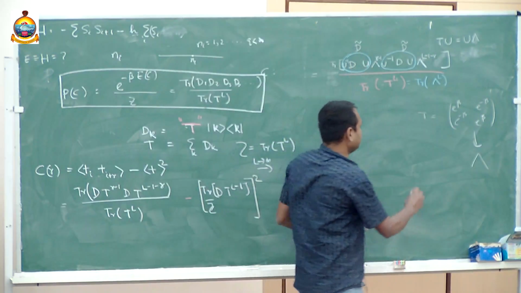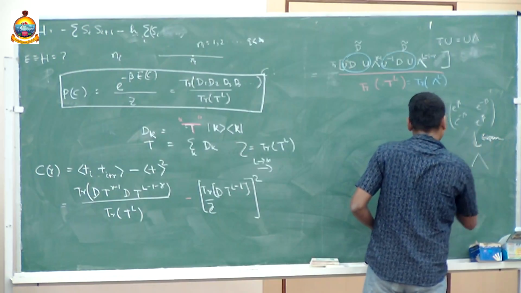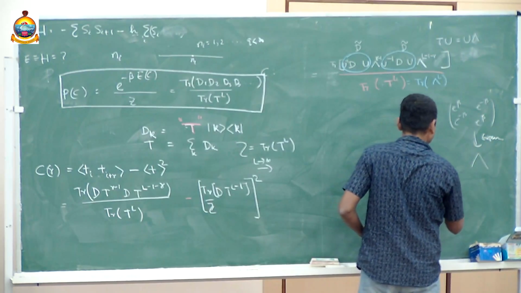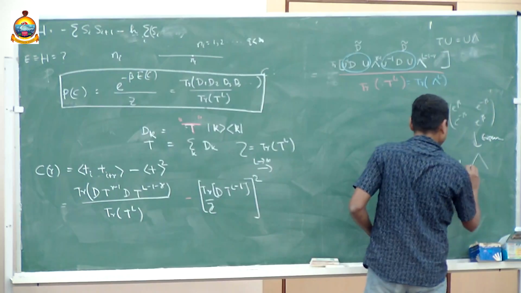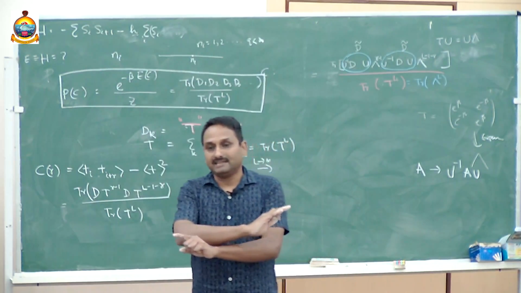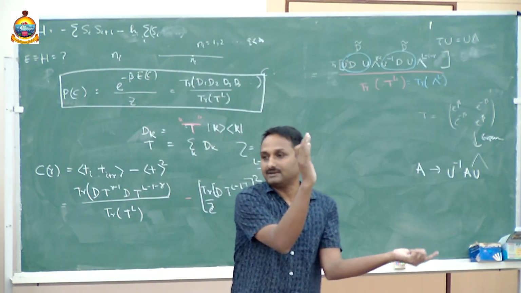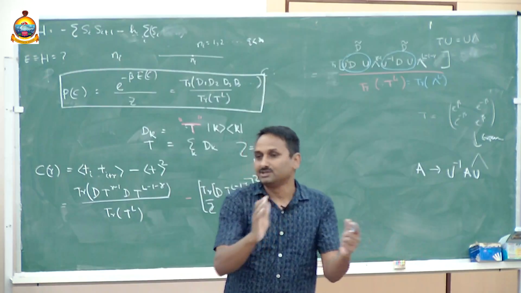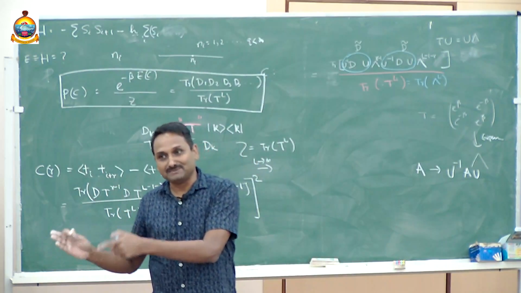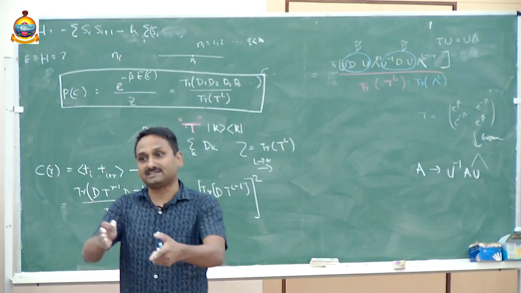If T goes to this in the eigenbasis, any other matrix A goes to U inverse A U. When you change basis, like standard basis to the eigenbasis, whatever matrix gives you this transformation will also transform all other operators in the space.